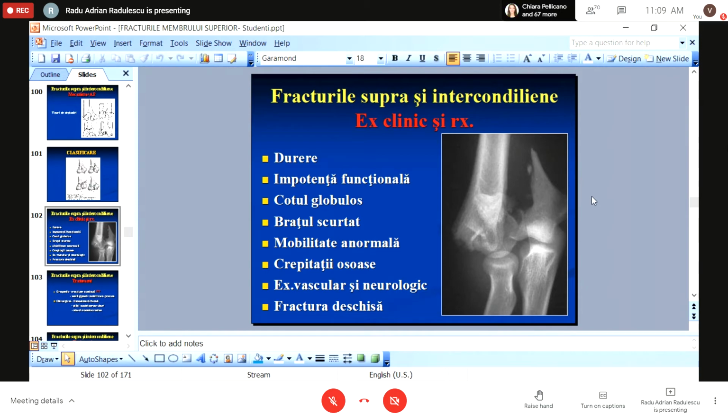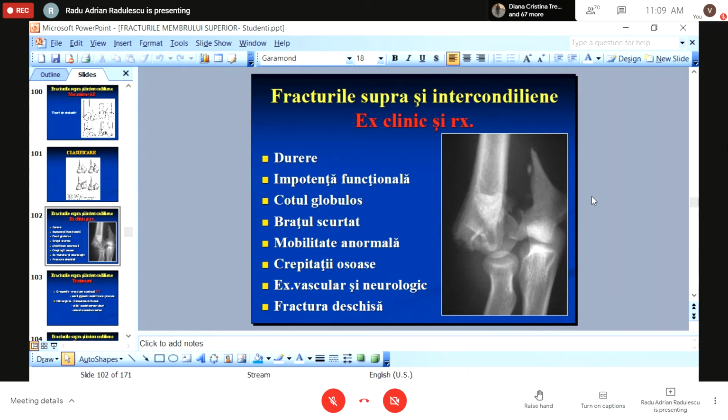At clinical examination, the elbow will be swollen, of course, in comparison with the other one. The arm will be shortened if we measure the distance between the acromion and the lateral epicondyle in comparison with the other side.